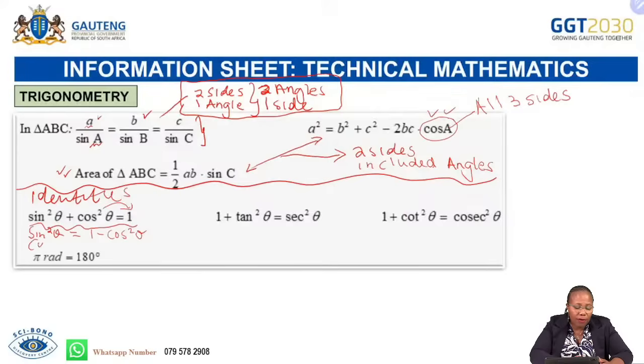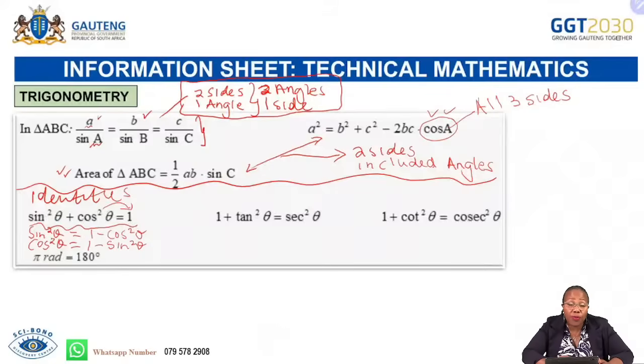Or you can leave a cos squared theta and then you transpose the sine, it will be 1 minus sine squared theta. You are welcome, grade 12, to play around with that particular identity. The same applies there. Okay, these identities, as you can see, they work only when they are squared. These are square identities. You can't use them without the squares that you see there.